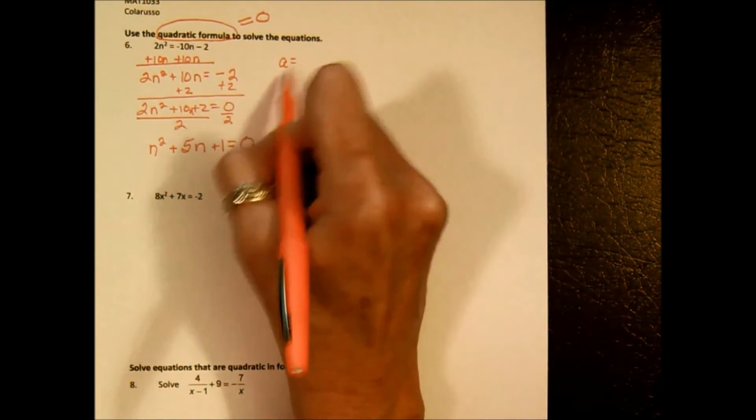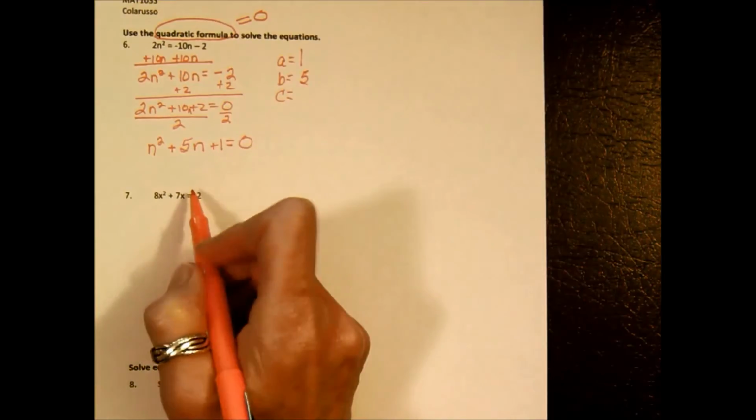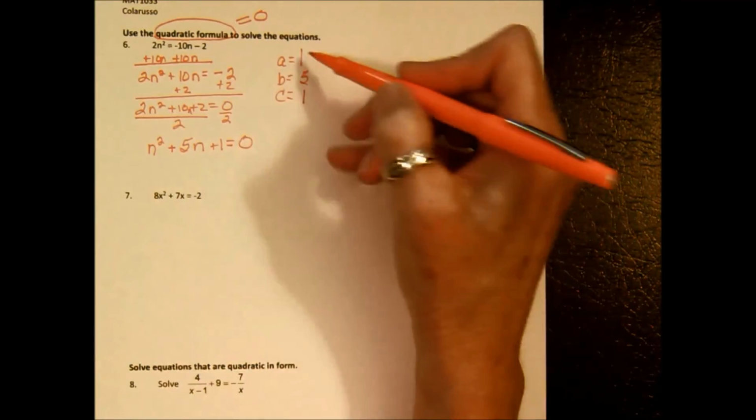Now I want to identify my A, my B, and my C. A is the coefficient on the n squared, so it's 1. B is the coefficient on the n, so it's positive 5. And C is just the last number left. Now, if you did not divide by 2, this would have been 2, 10, and 2.